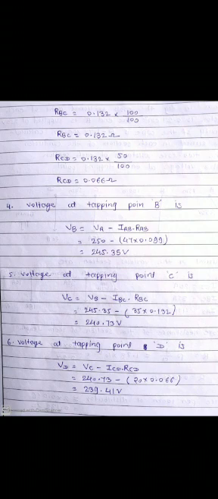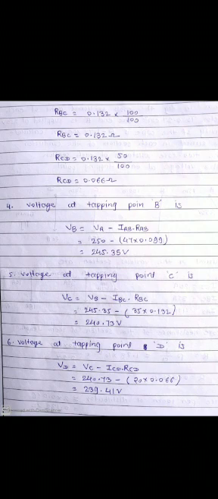Similarly, the resistance of section CD, that is RCD, is equal to 0.132 into 50 divided by 100, so RCD is equal to 0.066 ohm.